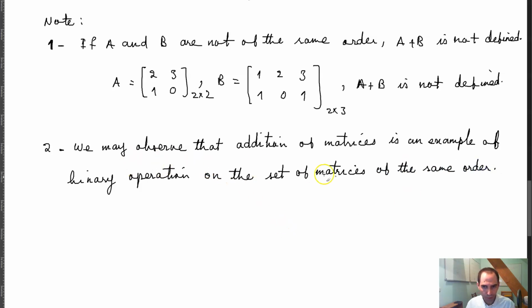So hopefully you remember basically the binary operations. We said that we defined the binary operation star, for example, on two sets, from A to B. And we said that this binary operation has to be a function.